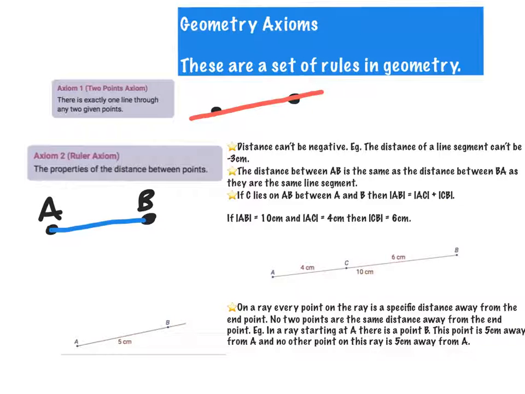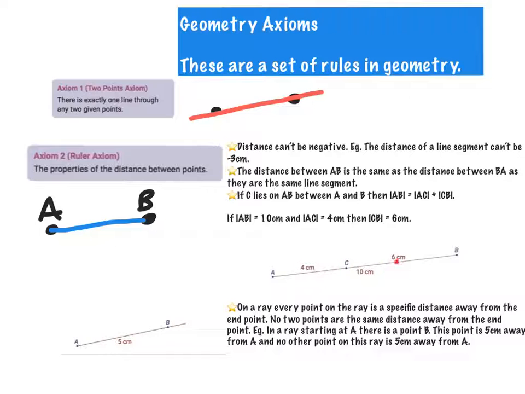So that might sound a little bit confusing, but if we think of it like this. Just say AB is 10 centimeters. So this line segment here is 10 centimeters long, okay? And it says AC is 4 centimeters. So between here and here is 4, okay? We know the whole line is 10. This part's 4. 4 plus what gives us 10? 4 plus 6.